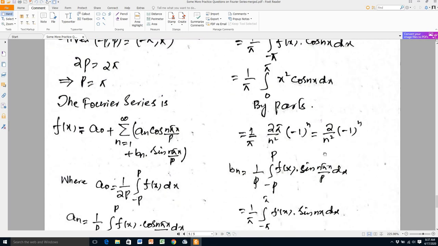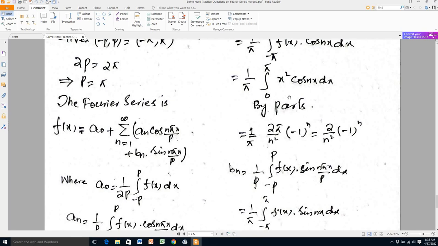After integrating by parts 2 times, I'm writing its final answer here: 1 over pi, 2 pi over n square, minus 1 raised to the power n. This pi cancels with that pi, and we get 2 over n square, minus 1 whole raised to the power n.